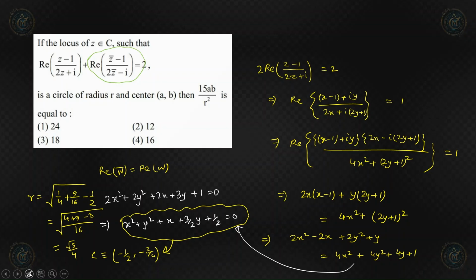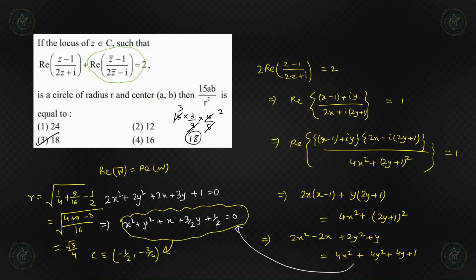So we calculate this number here, 15 AB is equal to half into 3 by 4, that is 3 by 8, times 1 by r square, which is 16 divided by 5, right? So if we calculate this, 5 cancels 15 with 3, and 8 cancels 16 by 2, so 3 times 3 is 9 times 2 is 18. Okay, so option 3 will be the correct option in this case.